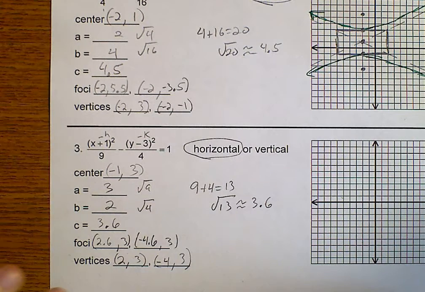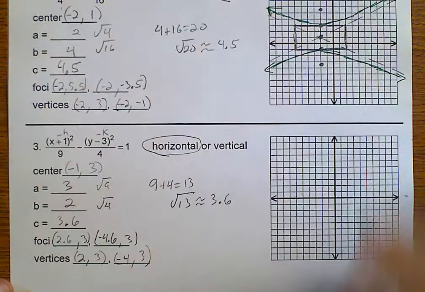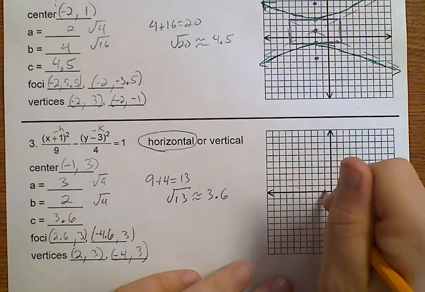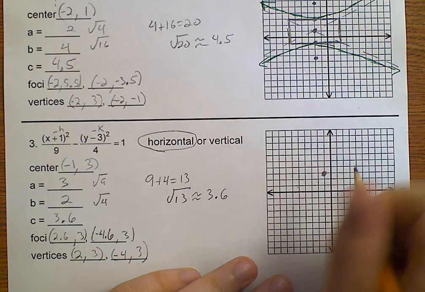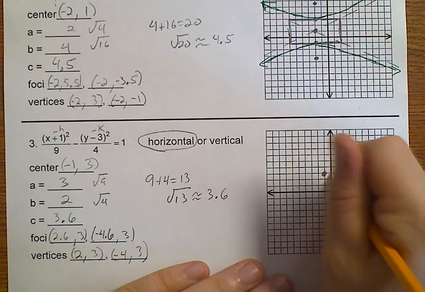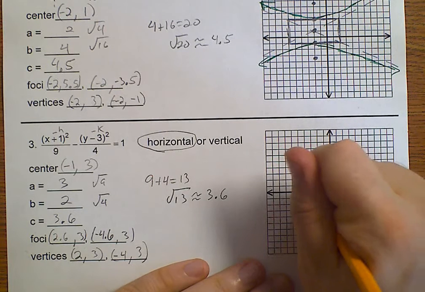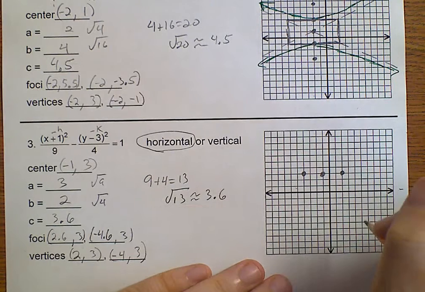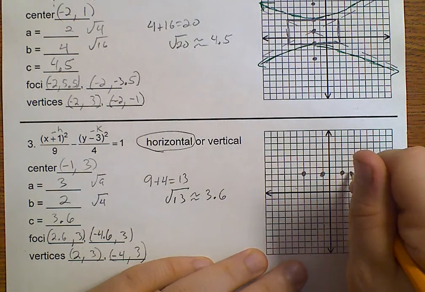Now let's go ahead and start plotting it. Our center is at negative 1, 3. This is horizontal, and A is 3. 1, 2, 3. 1, 2, 3. Those are our vertexes. It's 3.6 for our foci, so we're just going to go another half.